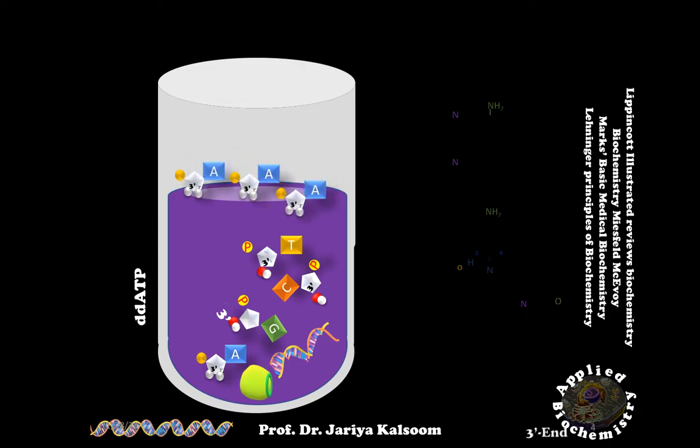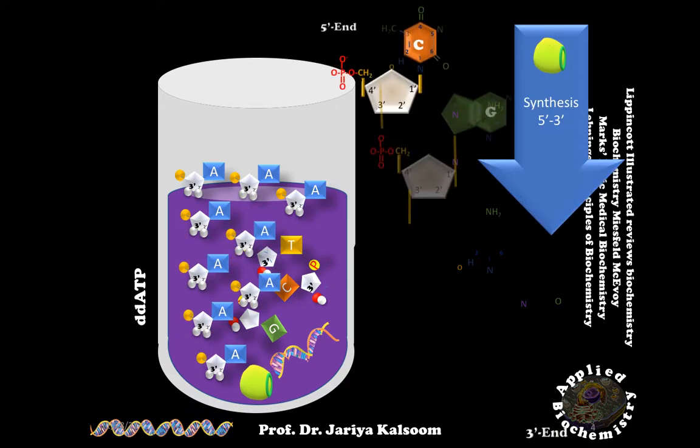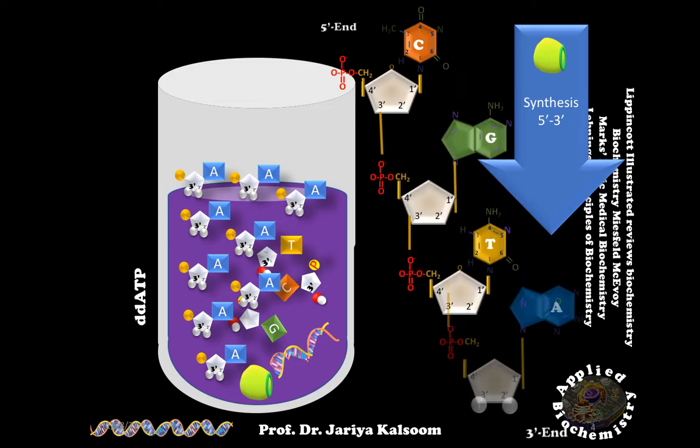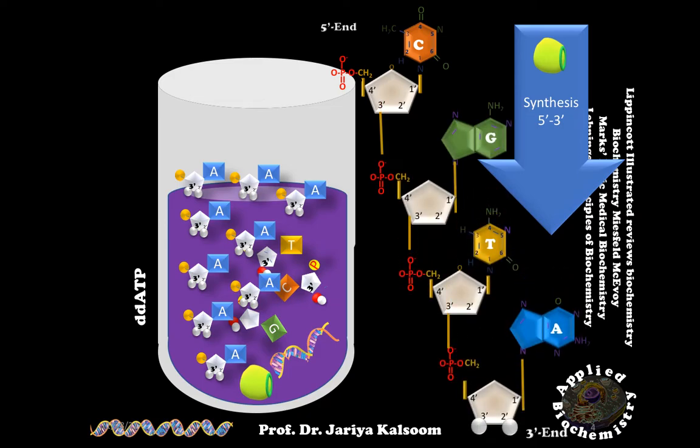The ddATP can be inserted into the growing chain of DNA, but after its insertion, further elongation cannot take place and elongation is stopped. As a result, different sized DNA fragments are produced.